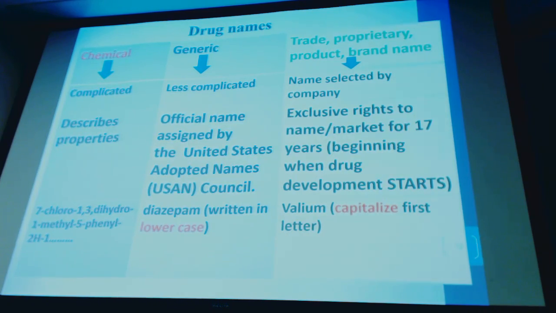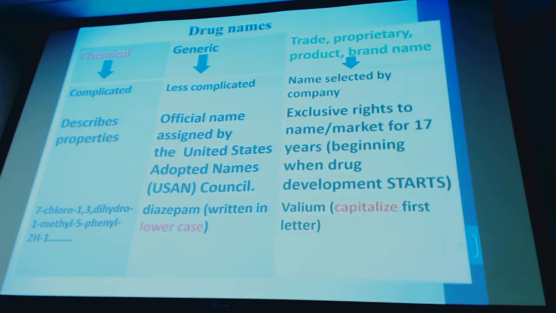So, the endings of many generic drugs tell you what class of drug it is. So you're going to be memorizing the endings of generic names so you can recognize the drug class. Because that's what they're going to be asking you on your licensing exam and your HESI.